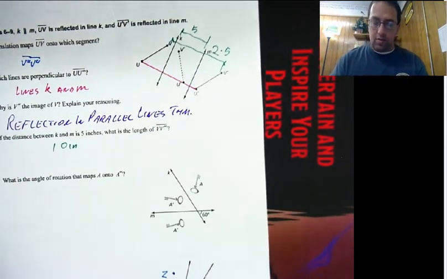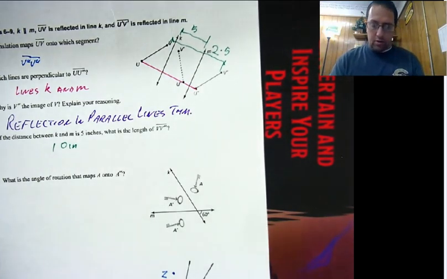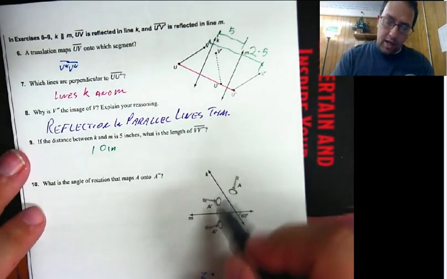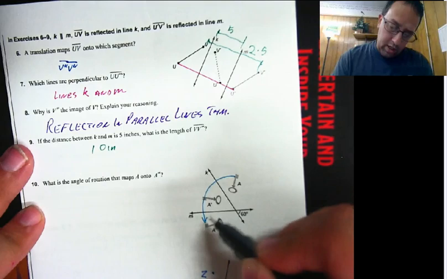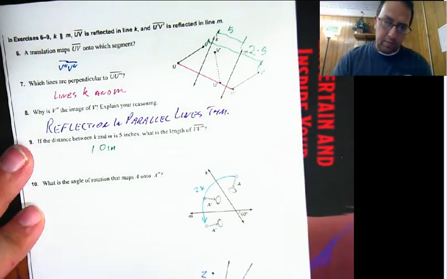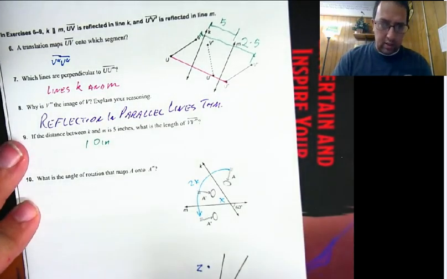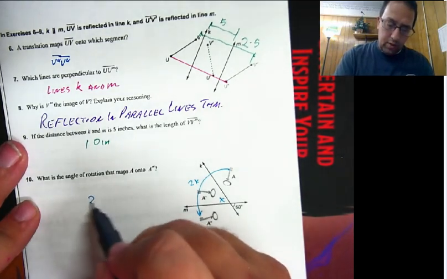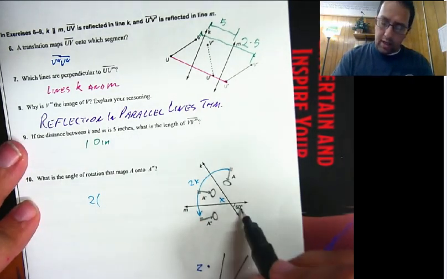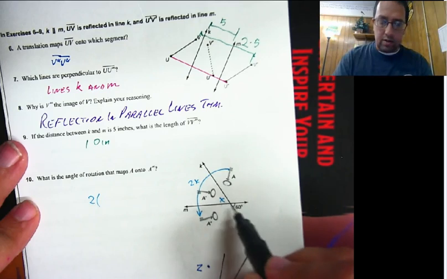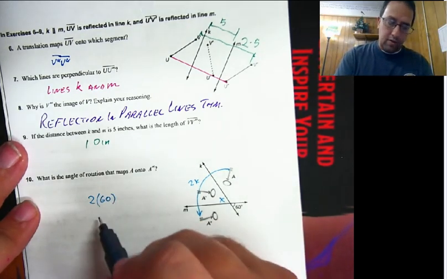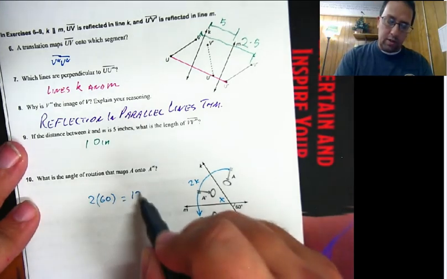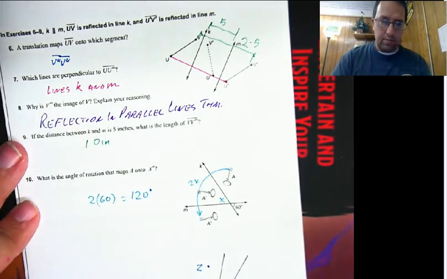So what is the acute angle for those two lines? 60 degrees. So that means this angle of rotation from here all the way through to there is going to be 2x, right? What x is this angle here? So we have 2 times x, and x is 60 because of vertical angles, right? Congruent. 2 times 60. So that means our angle of rotation is going to equal 120 degrees.